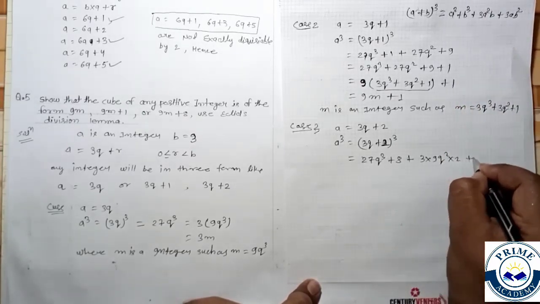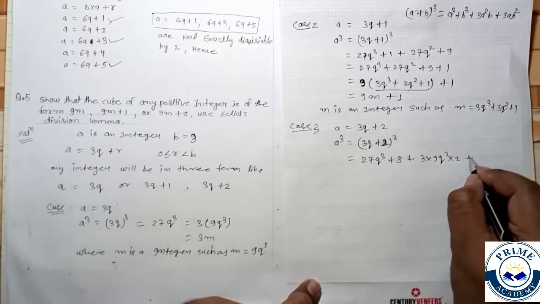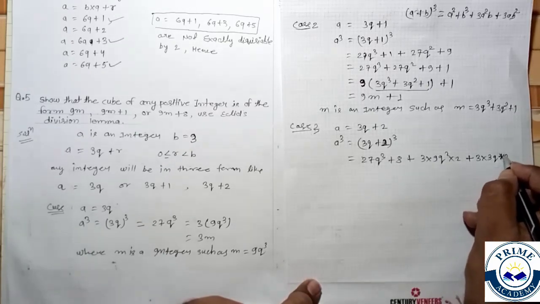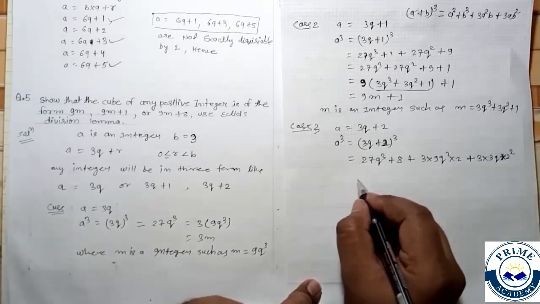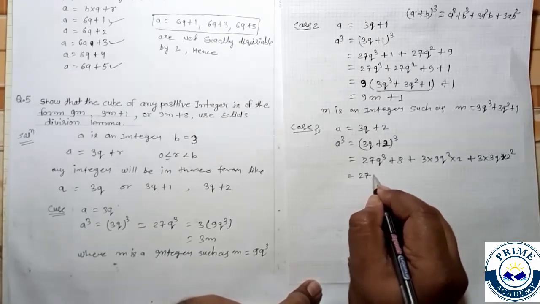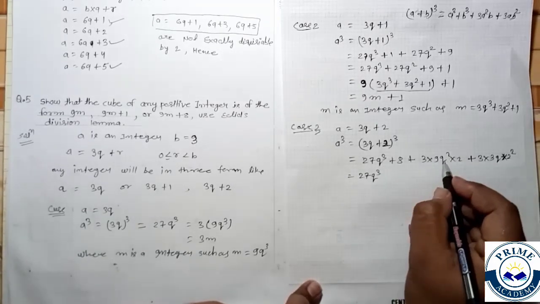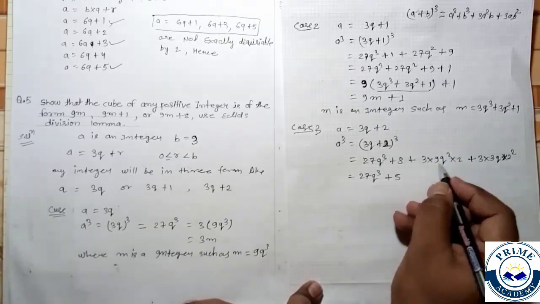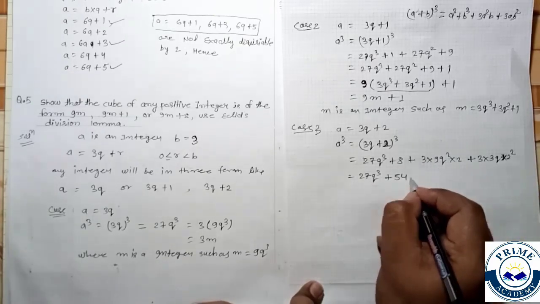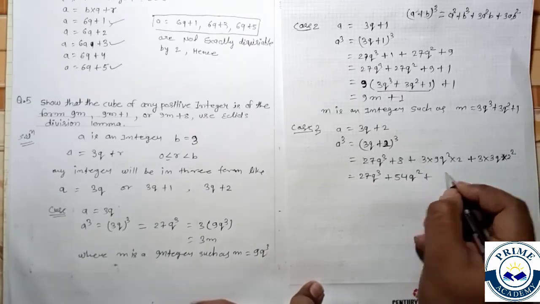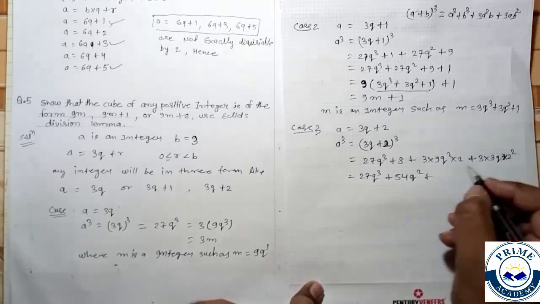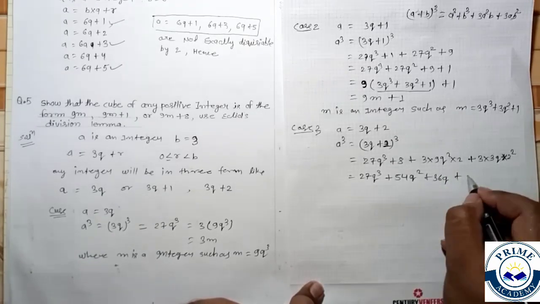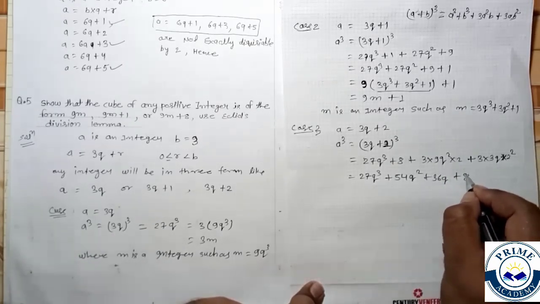That is 2, plus 3ab square. So I can write 3 into (3q) into 2 square, right? So this is 27q cube, this is 54q square plus 36q, plus 8 remains here, right?